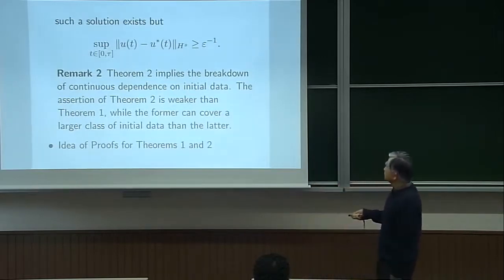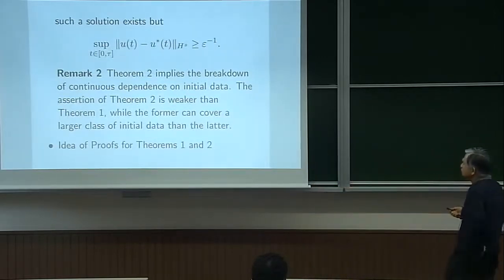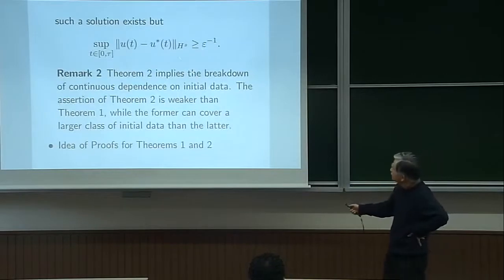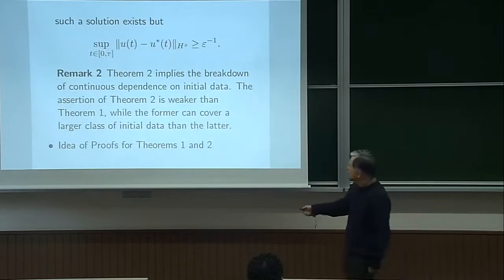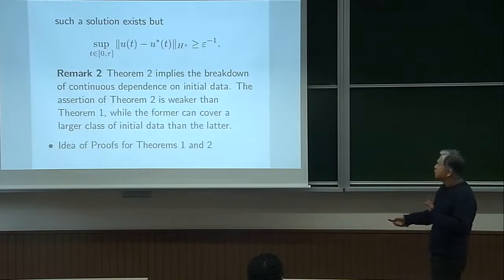I'd like to mention one remark about theorem 2. Theorem 2 implies the breakdown of continuous dependence on initial data, as I already told you. The assertion of theorem 2 is weaker than theorem 1 because theorem 1 says no solution.